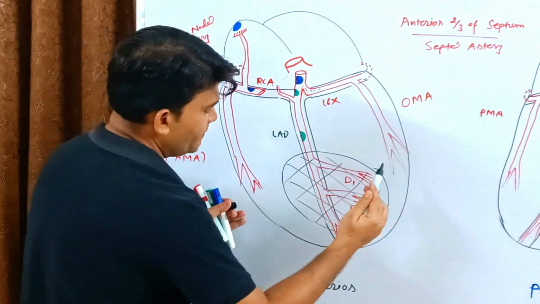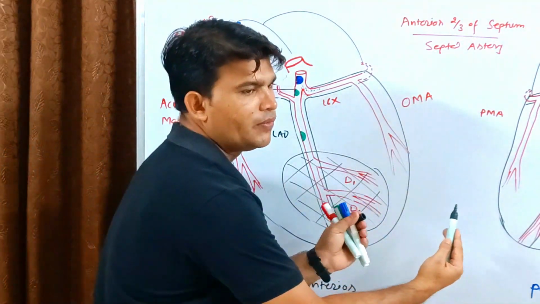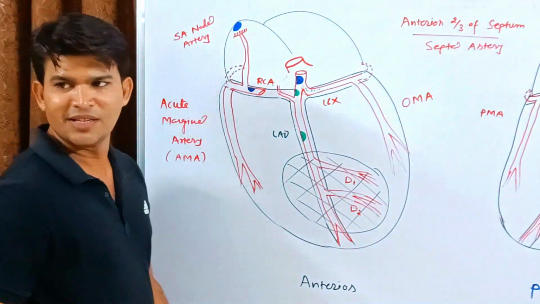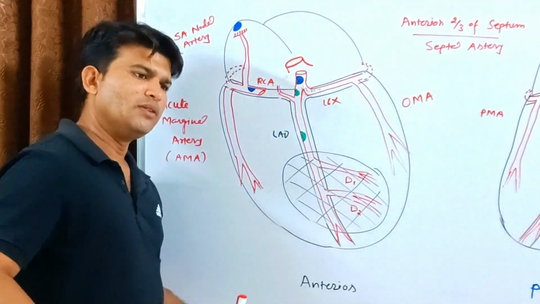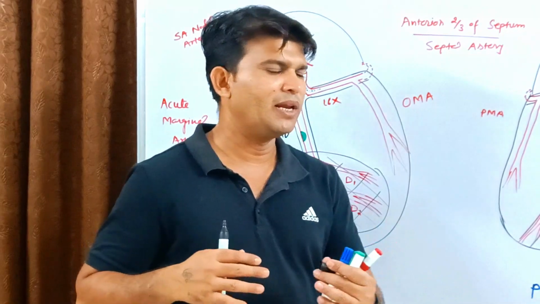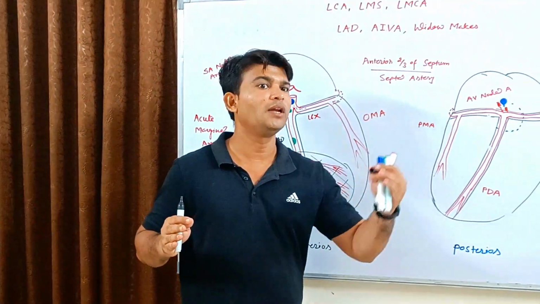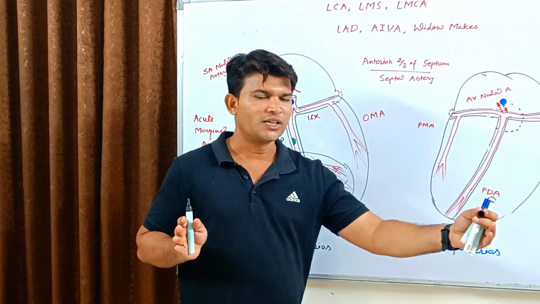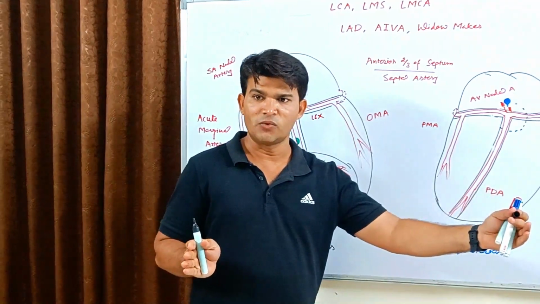But if it is extending, then V2 and V5 will also be involved. In that case we will see a large anterior wall MI. If we see ST segment elevation in V2, V3, V4 and even V5, that suggests it is not localized, it is a large anterior wall MI, right?